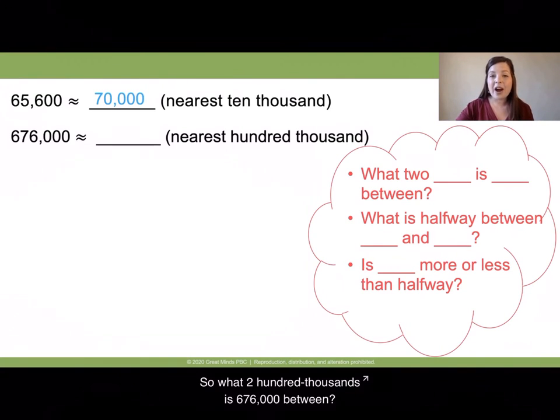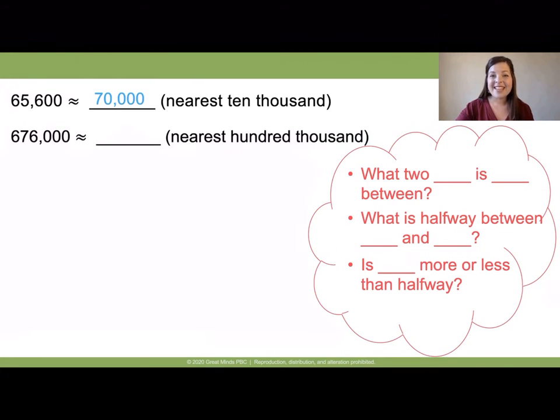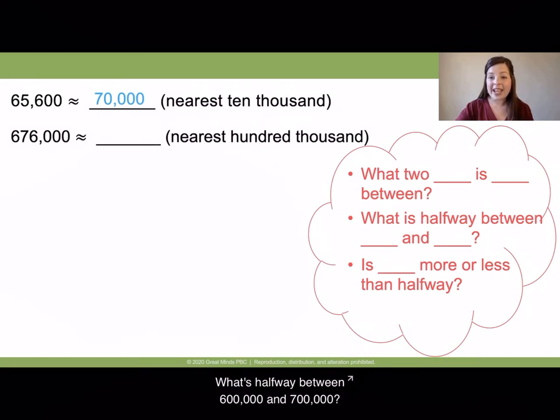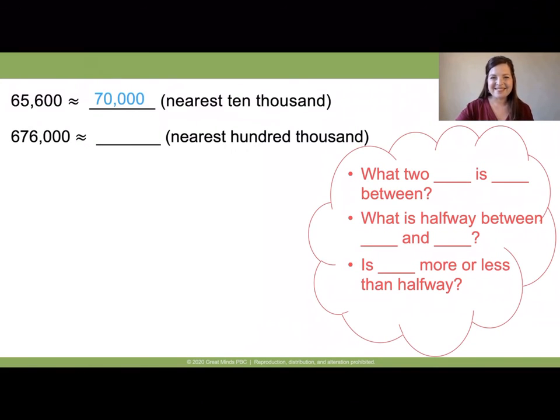So what two 100,000s is 676,000 between? It's between 600,000 and 700,000. What's halfway between 600,000 and 700,000? 650,000 is halfway.